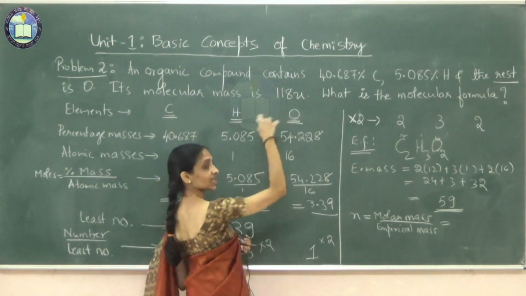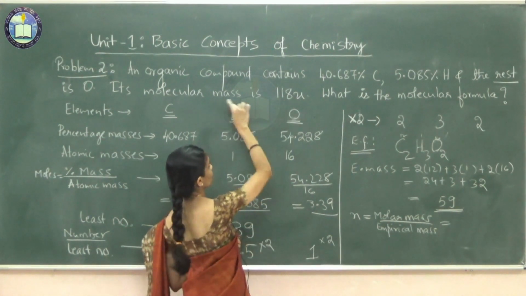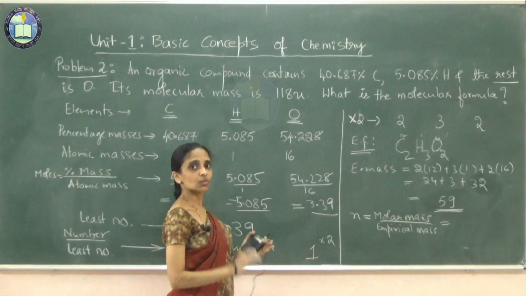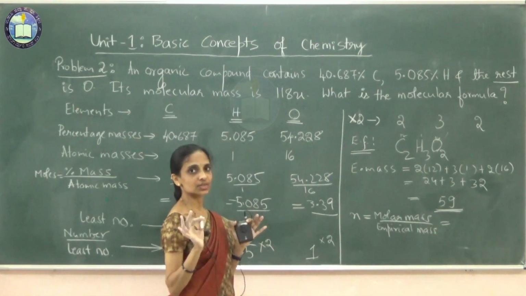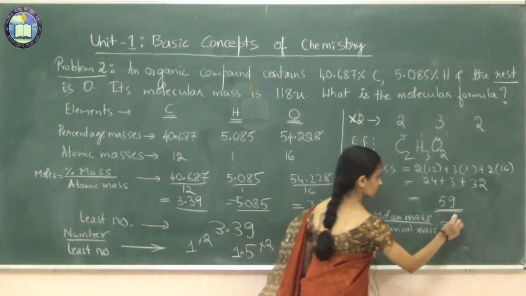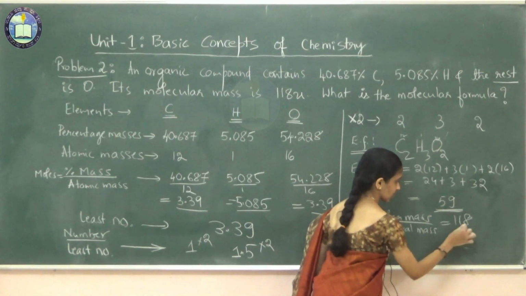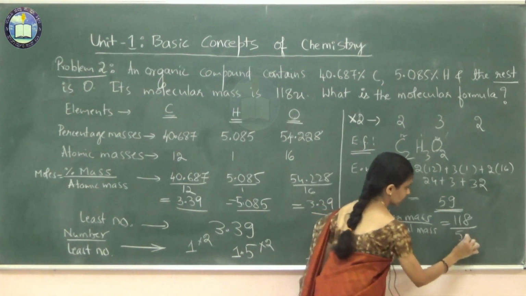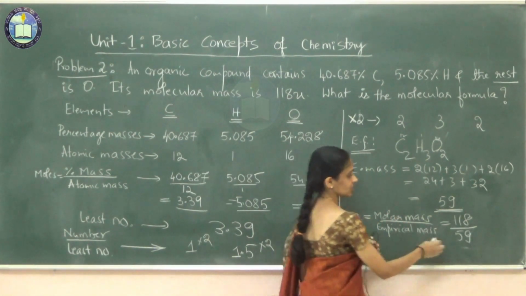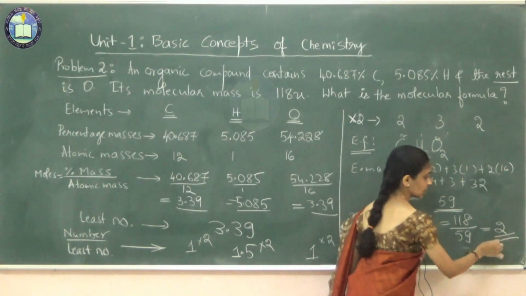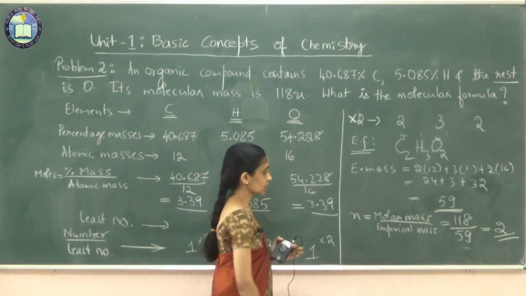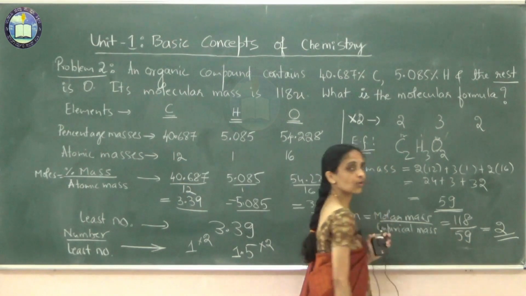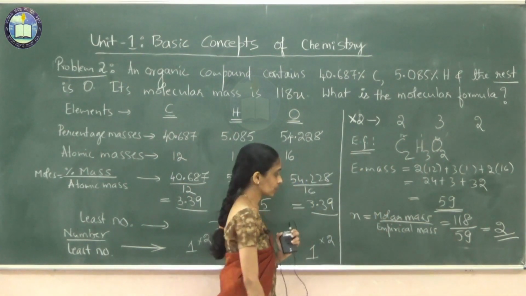It is 118 grams, is it not? Molecular mass is 118 u, molar mass is 118 grams. The number is the same. I want just the number: 118 divided by 59 is nothing but an integer 2. So I have the value of n, that is 2.